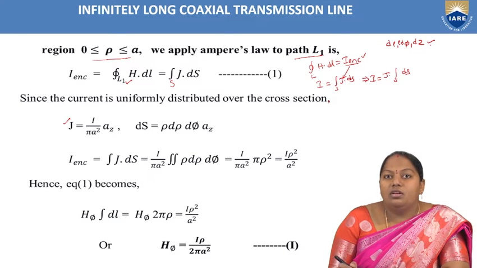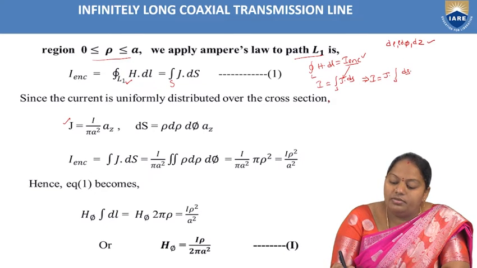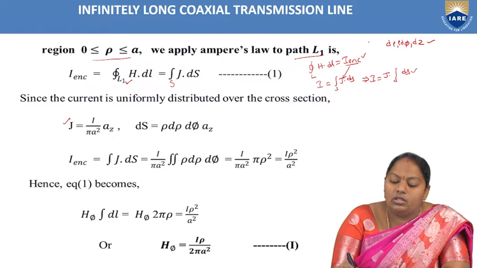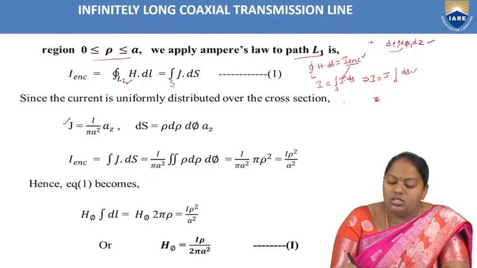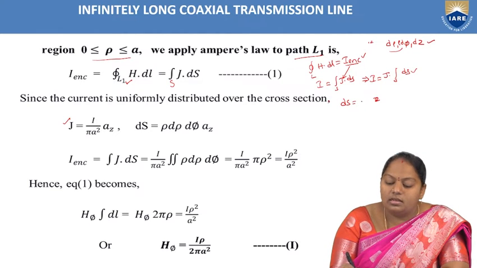To calculate the differential surface area, we consider the direction of the surface. The coaxial transmission line is located along the z direction, so we multiply the remaining two variables. Hence ds equals rho d rho d phi times az.